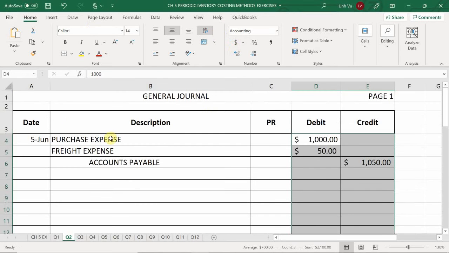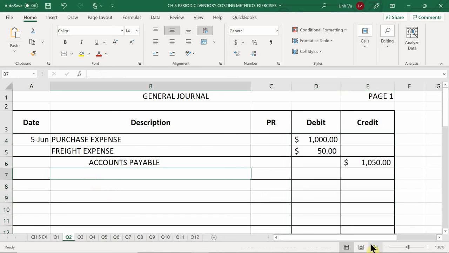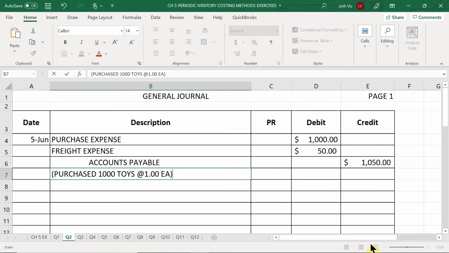And of course, we're going to be adding our little description here that we purchased 1,000 toys at $1 each.